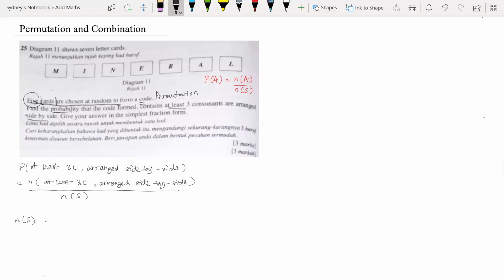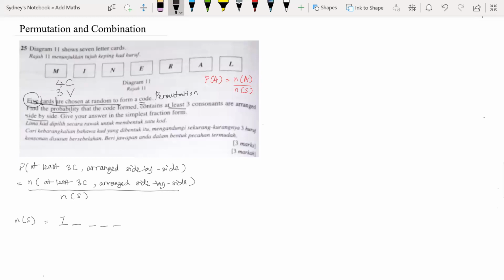n(S) will be the permutation of a 5-letter code without any restriction. That means we have 7 cards here. Out of these 7 cards, 4 are consonants and 3 are vowels. We don't care whether it is a consonant or a vowel, so we just put them together. Choose any 5 out of 7. For the first empty space, we have 7 choices.